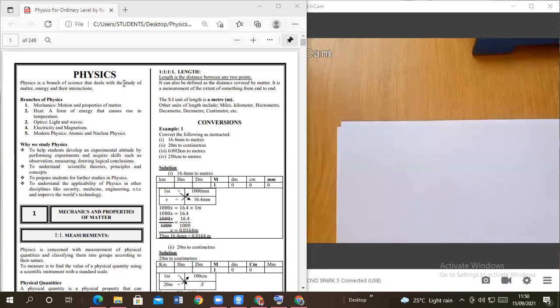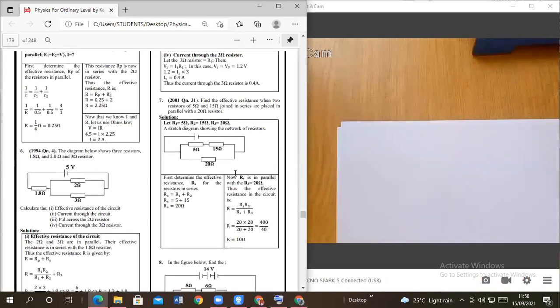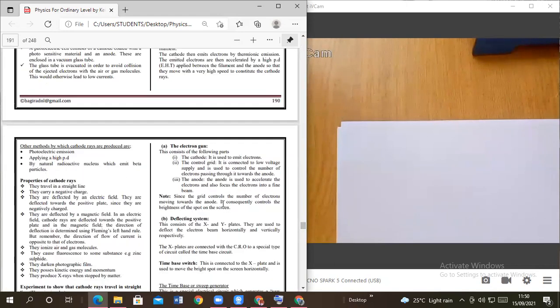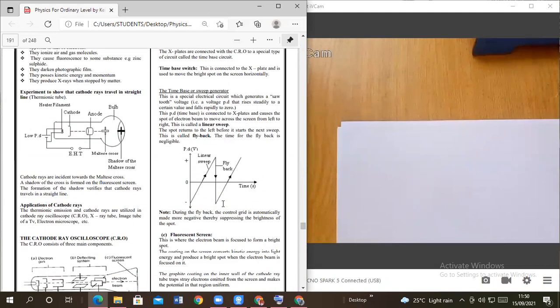I know you have downloaded this book and we are looking at modern physics. So I'll scroll to where we have modern physics, somewhere here. And that's where we stopped last time.